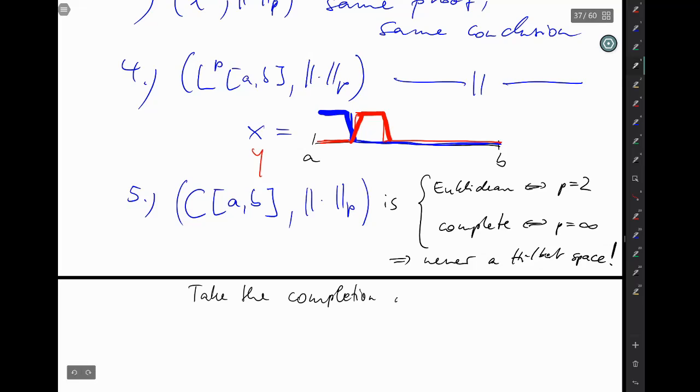Take the completion of C[a,b] with the 2 norm. So we want the scalar product and we want to make it complete because it's not. Then you get the Hilbert space because then it's complete and still Euclidean.